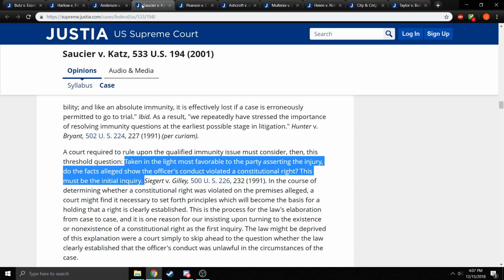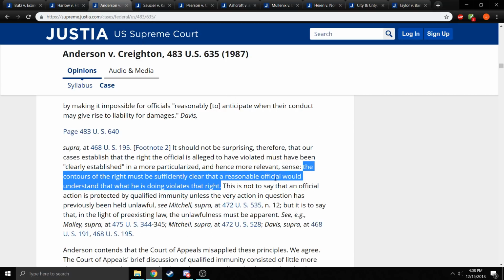And then once they decide that yes, it has violated a constitutional right, if we assume that all the allegations the plaintiff made are true, then you go on to look at, is the right sufficiently well known? Is it clear enough that the official who violated the right, if that official were a reasonable official, would have known that they were violating a right?